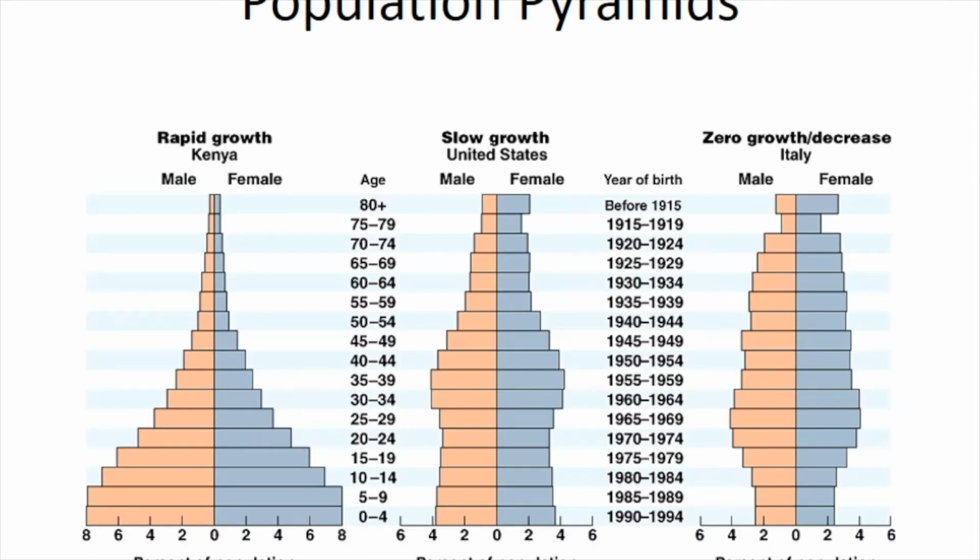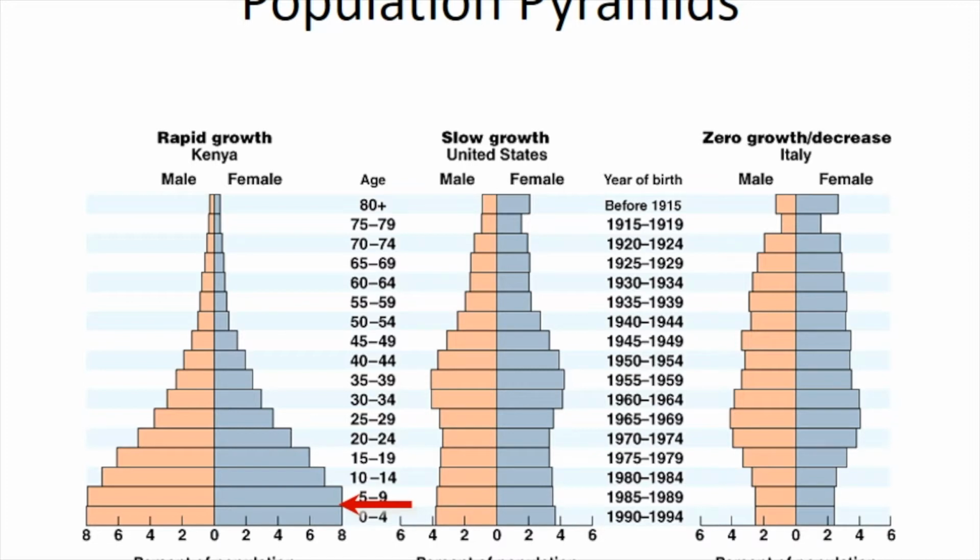Next, population pyramid. This is the comparison of population pyramids between Kenya, United States, and Italy. You can see that these 3 have different shapes of population pyramid. The base: do you still remember what the base of the population pyramid is?